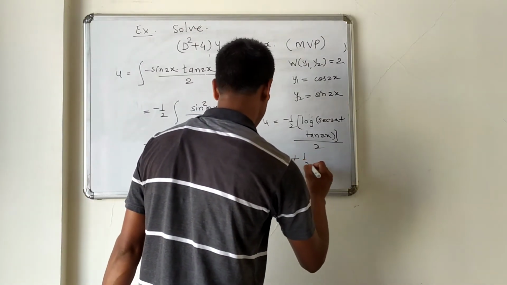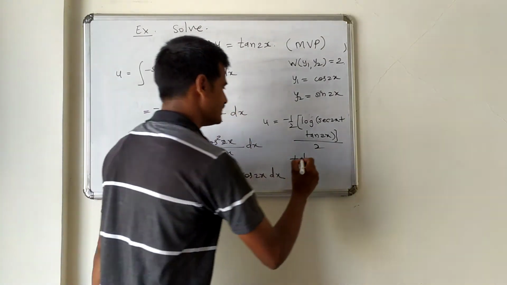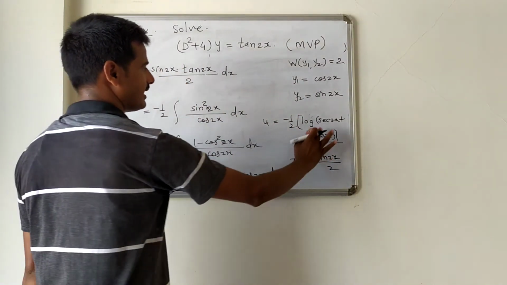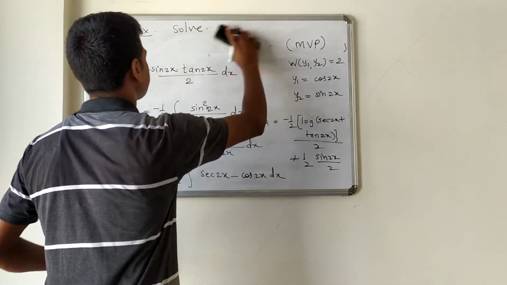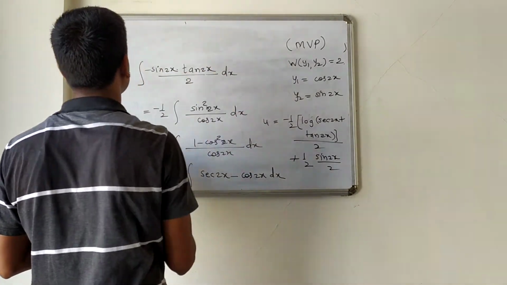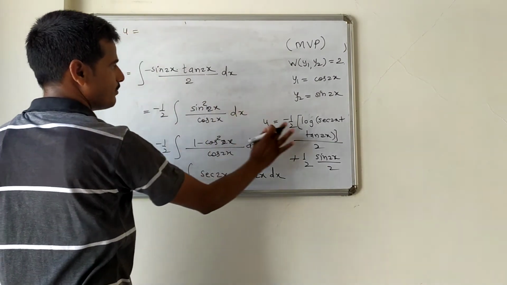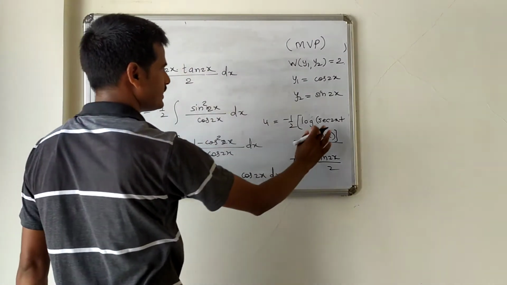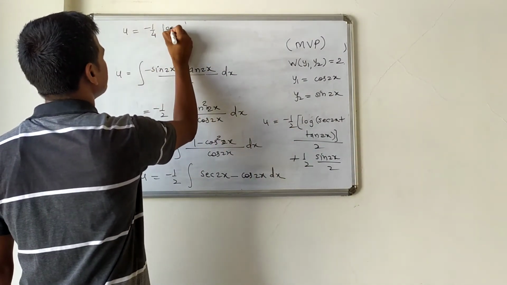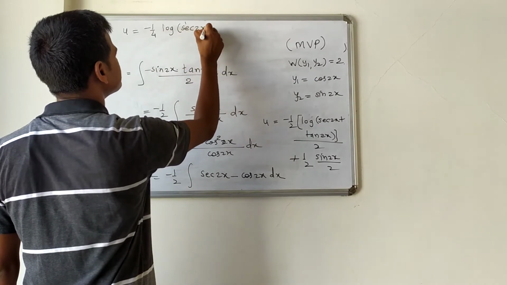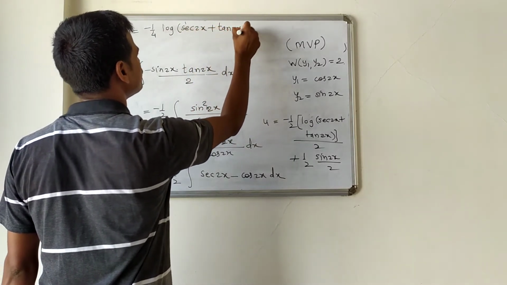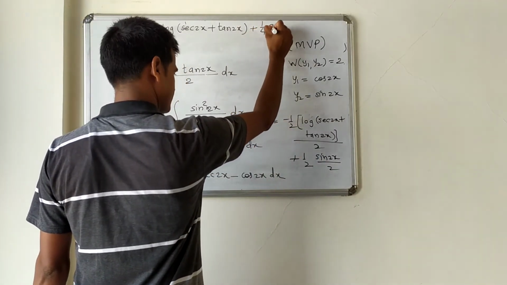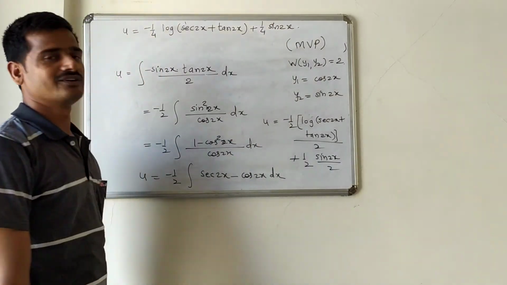So plus 1 by 2 integration of cos 2x is sin 2x upon 2. So this is value of u. Now I write the simplified form of u. So u is finally minus 1 by 2 into this 1 by 2. So minus 1 by 4 log of sec of 2x plus tan of 2x, right? And plus 1 by 4 sin of 2x. So this is value of u.